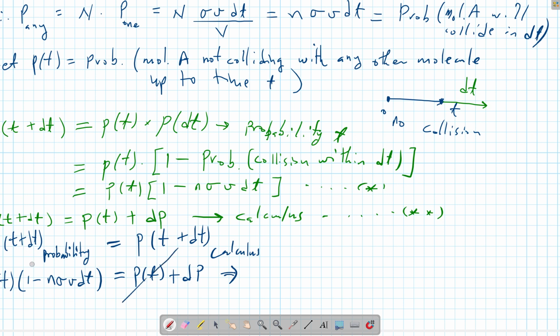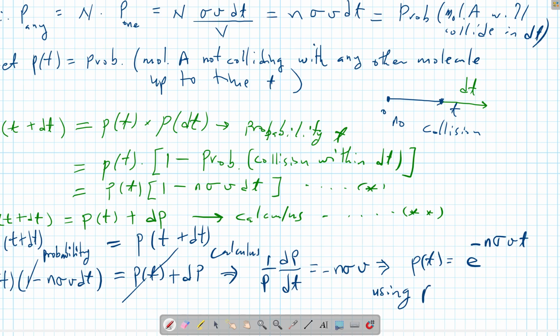This is going to cancel the 1 which is here, and you're going to have an expression that 1 over p dp by dt is equal to minus n sigma v. Okay, and this implies that pt is equal to e to the power minus n sigma v t. If you do the integration, you get this using the boundary condition p of 0 equal to 1, right?